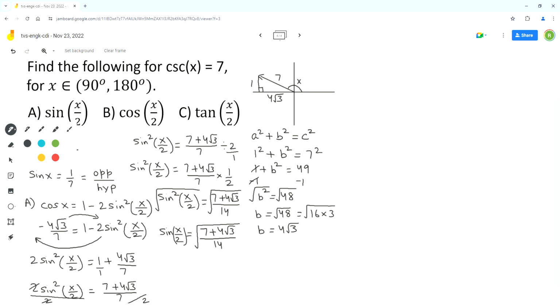Now we can answer part B. For cos x over 2, we'll use the double angle identity for cos.